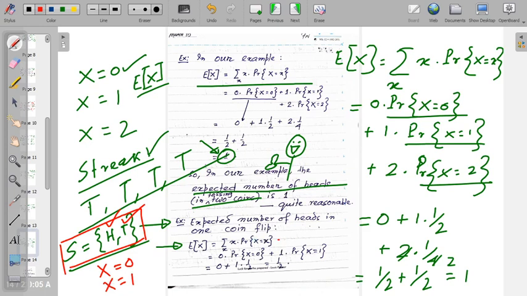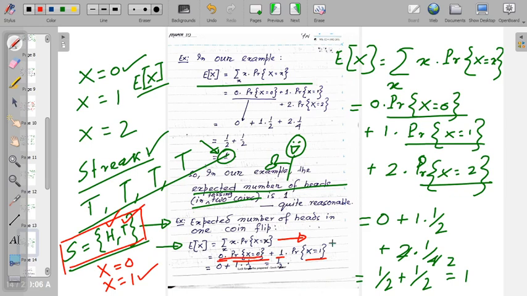Now if we transfer this knowledge into the expectation of x formula, we get the sum of x times probability x equal to x. So that will be 0 times probability x equal to 0, plus 1 times probability x equal to 1. 0 times whatever is 0.